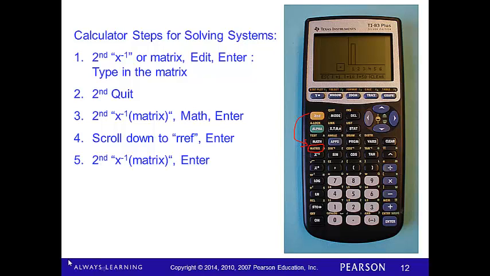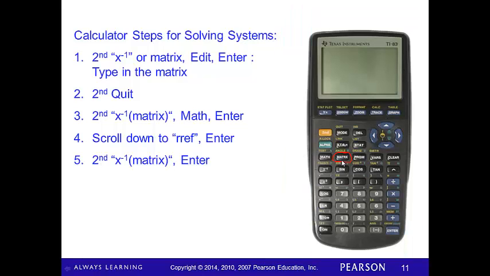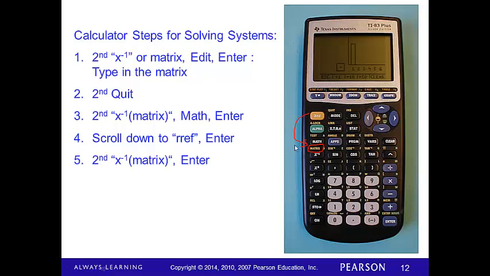So some of us have calculators where there's just a matrix button, and others have to hit second, then x to the -1 in order to get the matrix menu to come up. And this isn't what your screen will look like. This is just an image from the web. Okay, so for my calculator, I'm going to hit second x to the -1, or you can hit matrix depending on if you have a different calculator.